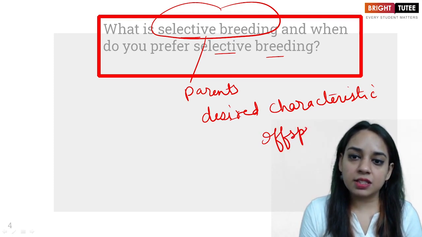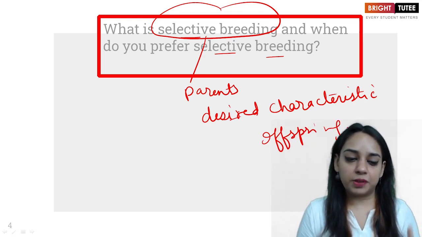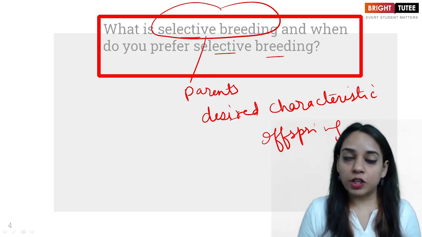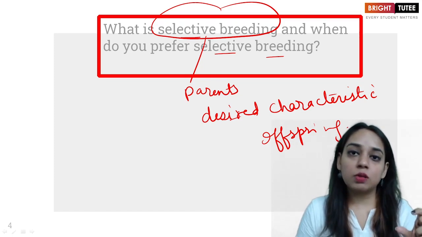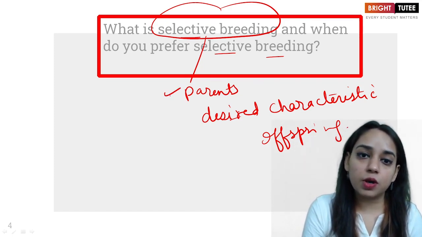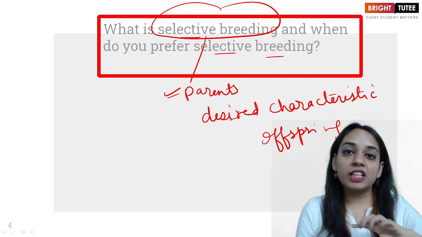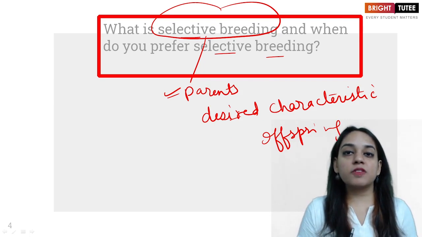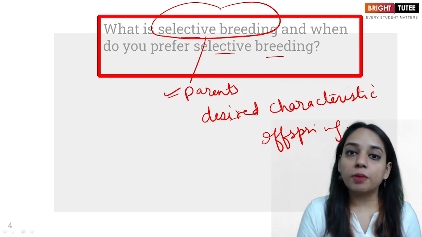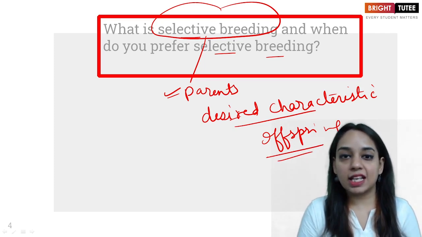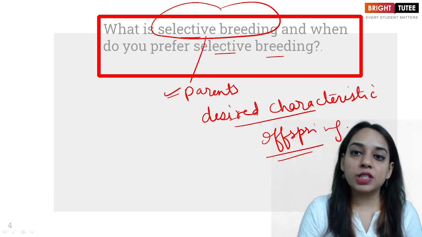Let's discuss this with the help of an example. Suppose we have a goat whose fur is very soft. If we require fur which is very soft, then we will select such parents or such goats which have very soft smooth fur on their skin. Okay guys, so the process of selecting parents in order to obtain desired characteristics in their offspring is known as selective breeding.